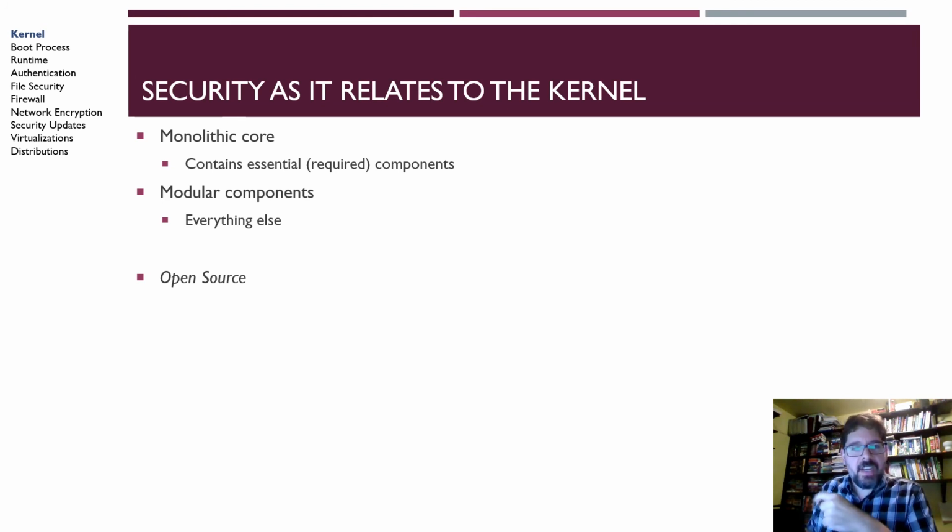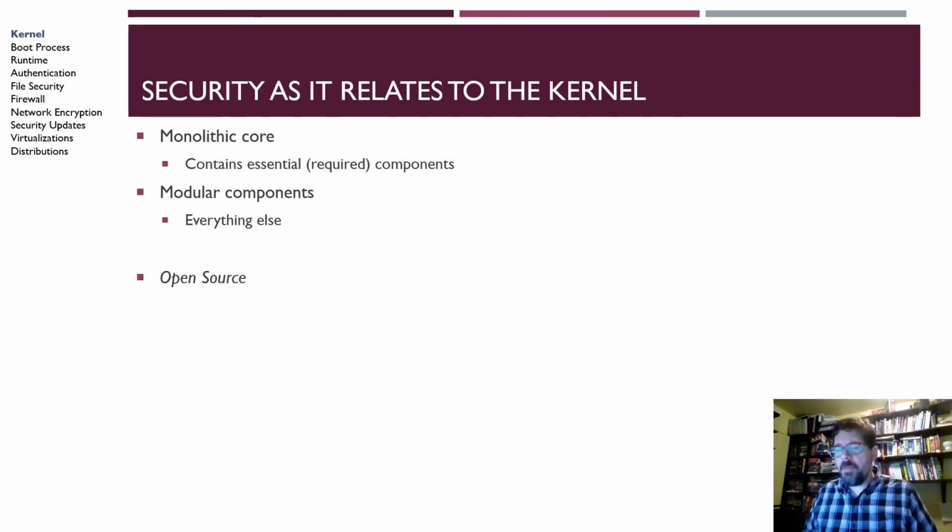So those are modules. The important concept here is that the monolithic core is isolated from those modules. So in a perfect world, if a module crashes or fails, the kernel should continue running, which is one of the things that contributes to the stability of Linux.